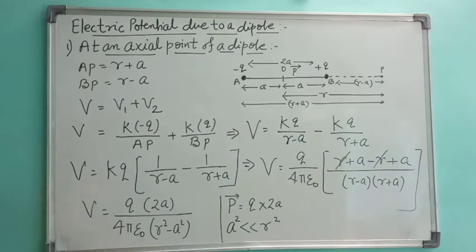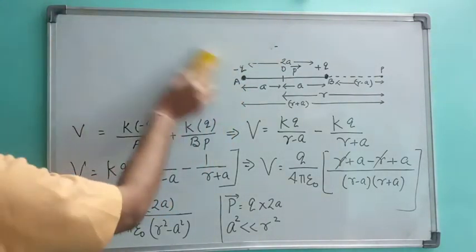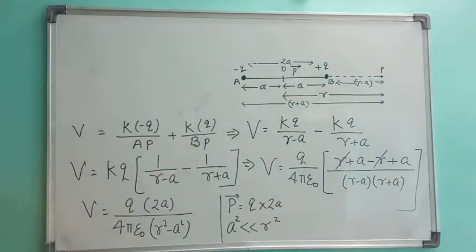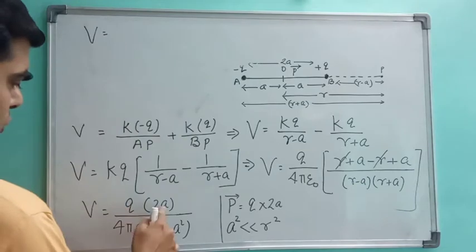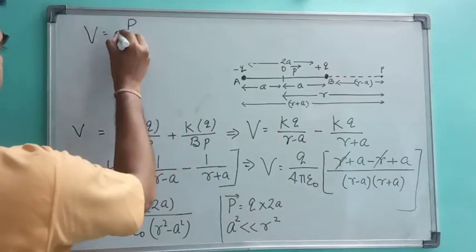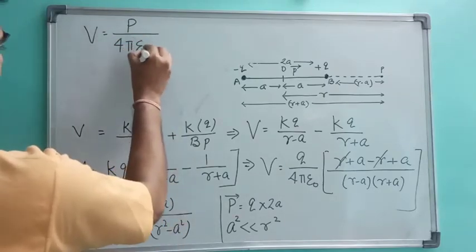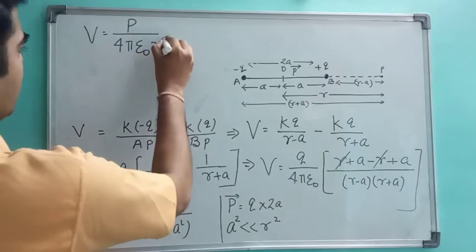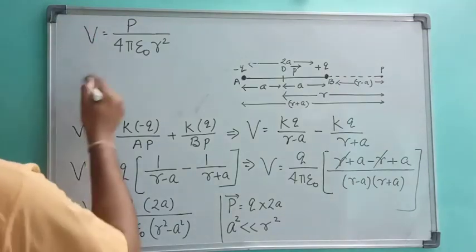So, next point. V is equal to q into 2a, replaced by p, where p is the dipole moment, upon 4 pi epsilon naught r square, because a square is negligible, being much less than r square. This is the result for the axial point.